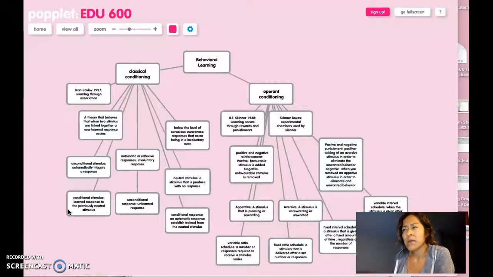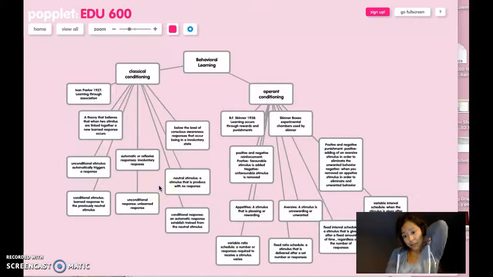So I'm going to go back to the pictures that were shown on classical conditioning, the picture of the dogs, and I'm going to use it to give my examples and make a little more sense of classical conditioning theory. So with Pavlov's dogs, before learning, the meat was their unconditional stimulus, which is right over here.